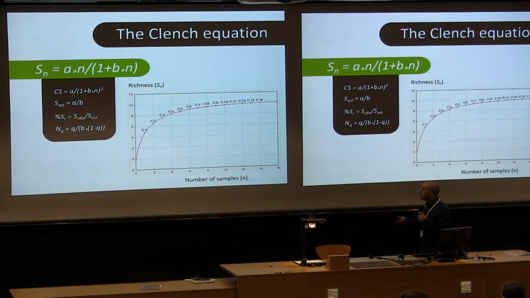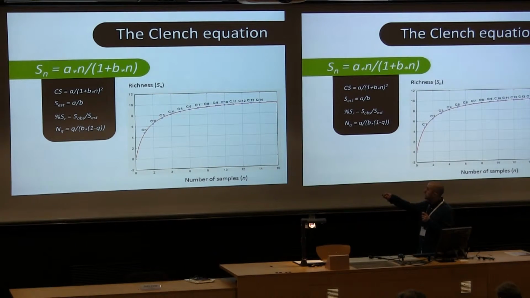We want to draw your attention today to one of the most used methods to monitor the paleodiversity acquisition process, which is the Clench equation. The Clench equation is normally used to evaluate the completeness of a paleodiversity dataset as a function of the sampling effort made.